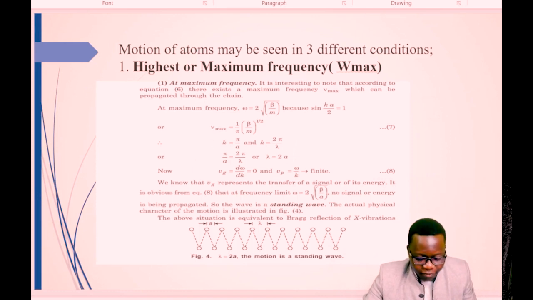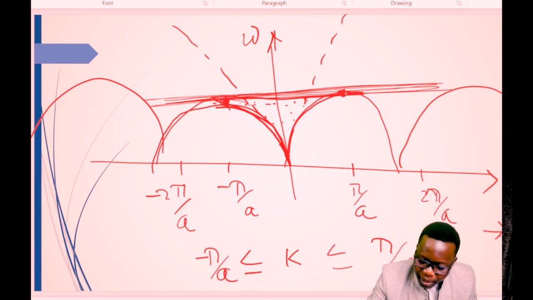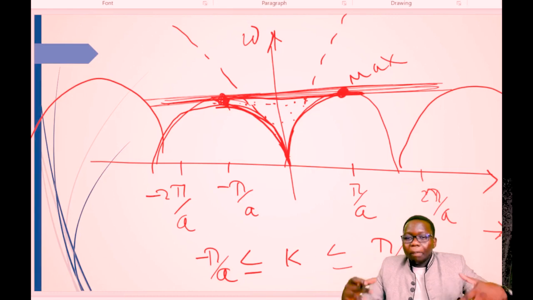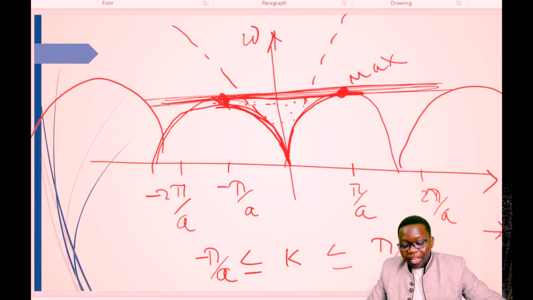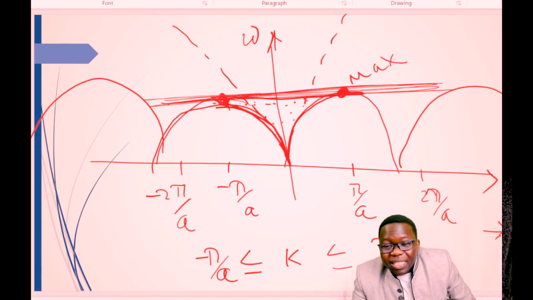That is at the maximum, at this point, which doesn't cross there. There is no frequency that will propagate past that line. If it goes past that, it's actually going to the forbidden frequency, so it can't actually exist past that. It would be something else.